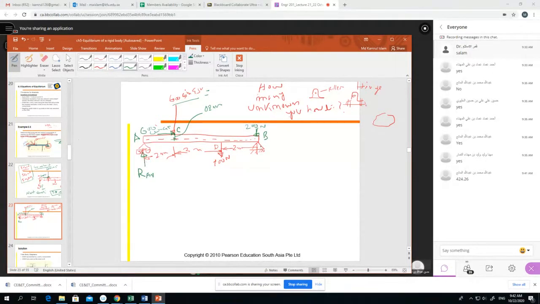And we know the hinge support will give us two reactions. One is the vertical reaction, RBV. RBV means vertical reaction.